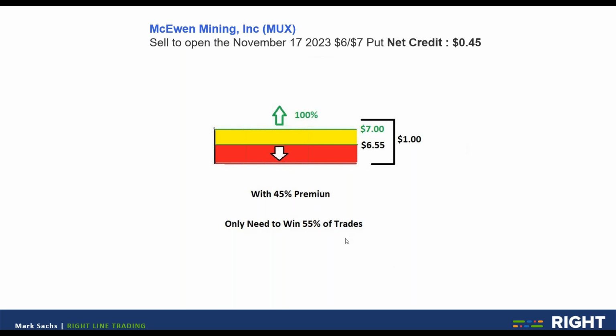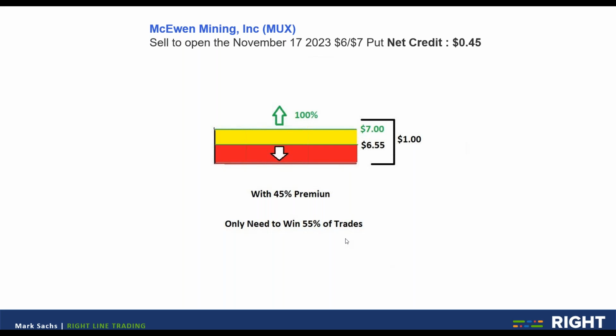I believe we had a 460/470 spread, and it fell all the way to 412. So we were assigned the stock.